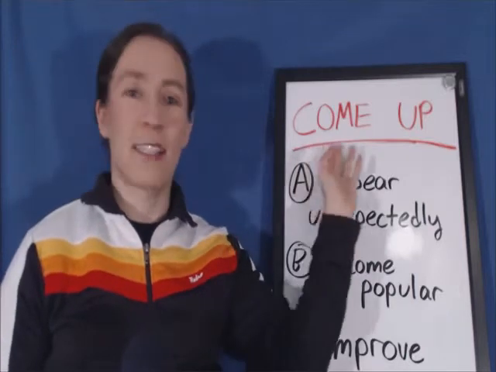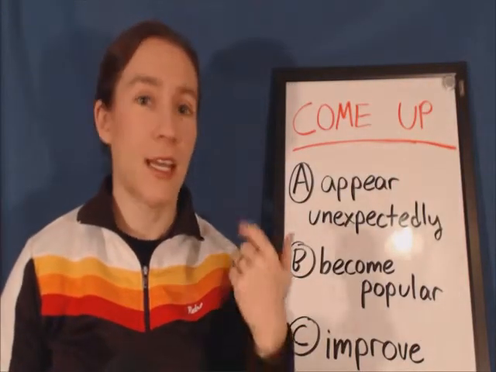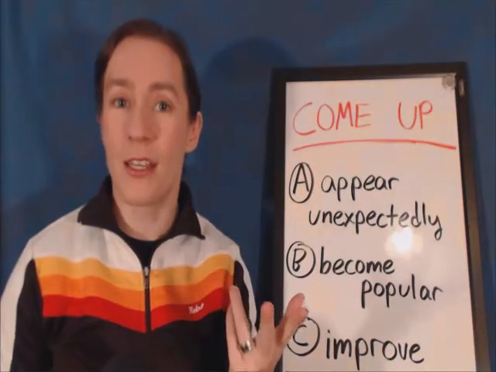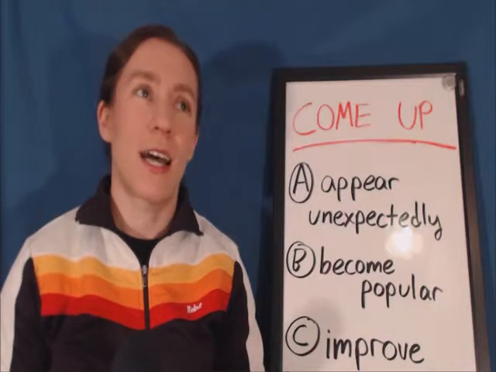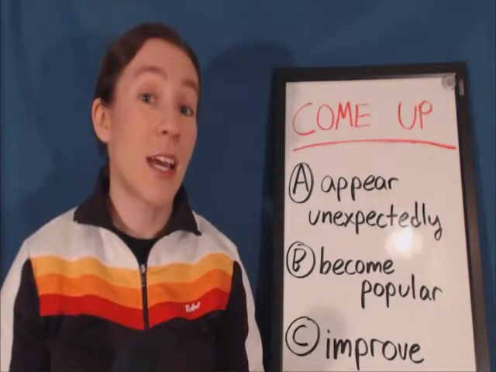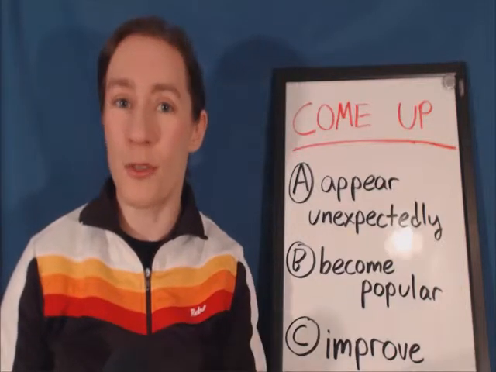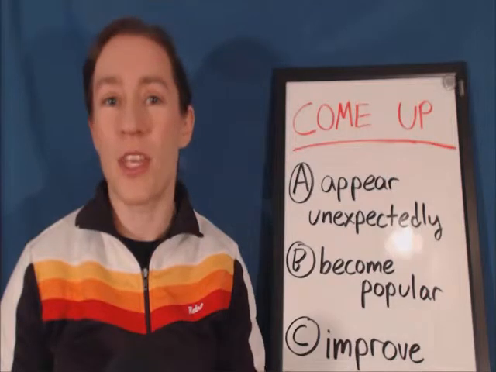You'll often see this phrasal verb come up used with the words problems, issues, or something. So I said some technical issues came up. I could also say some problems came up during the launch. Sometimes when people don't go to something they were planning on going to, they say, oh, something came up.